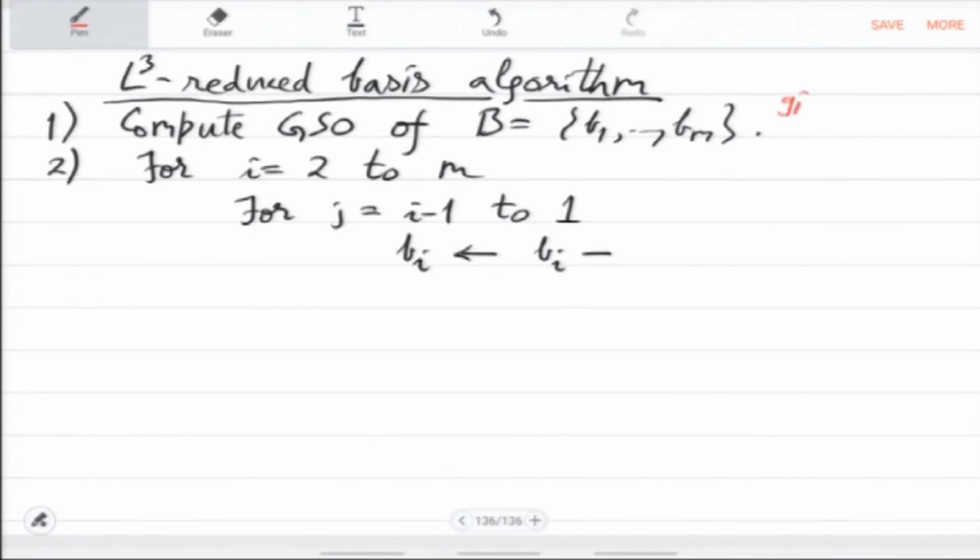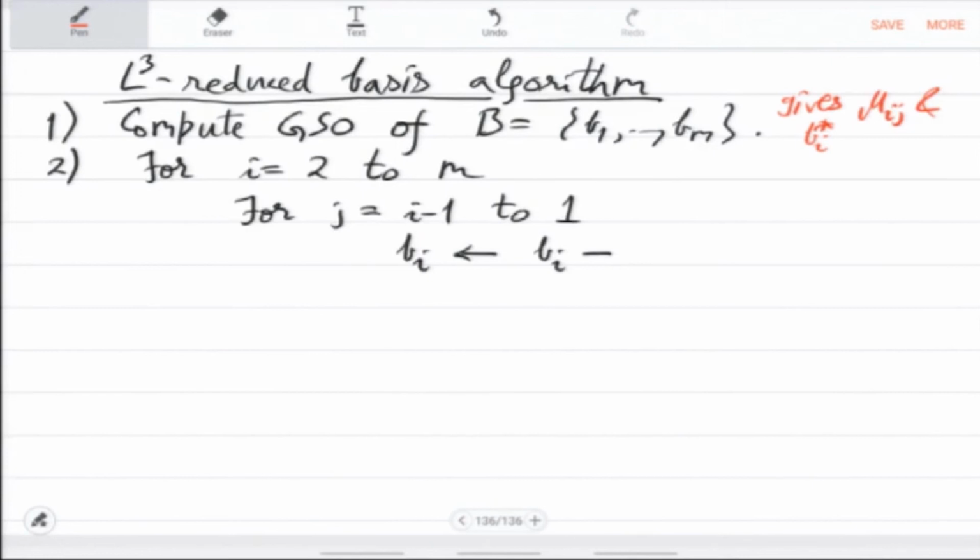This gives mu ij and bi stars, but mu ij's are real numbers, right? They may not be integers.